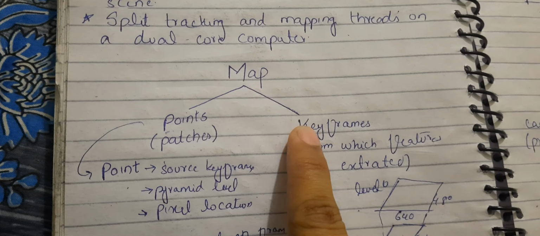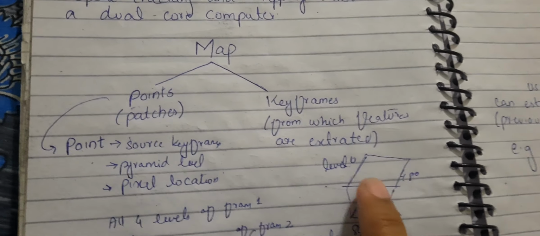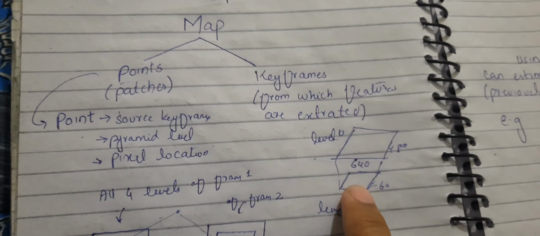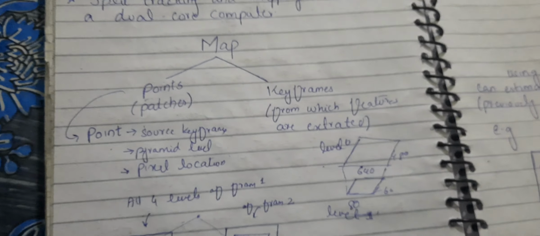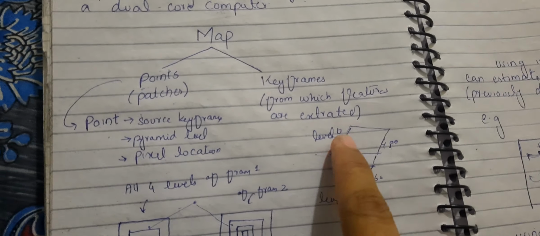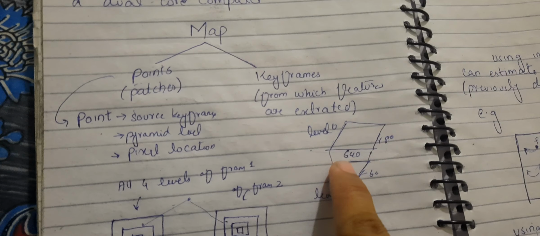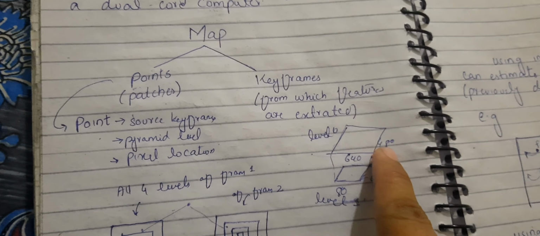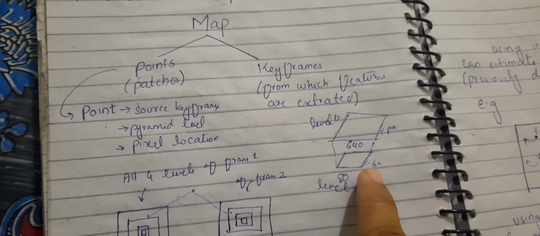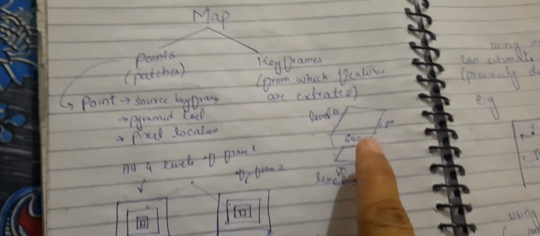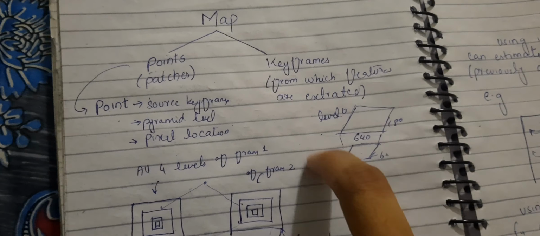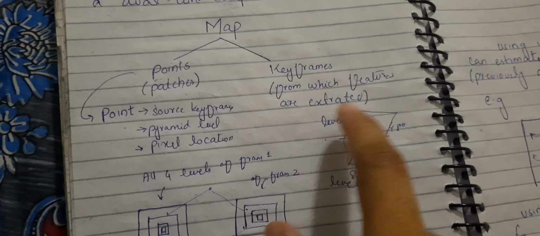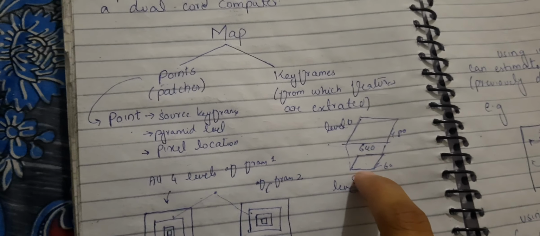Each keyframe is downsampled into 4 levels. You took a picture, and it downsampled it into 4 levels. The uppermost level is 640 by 480, and the lowermost level is 80 by 60. Between these two, obviously there will be two more downsampled levels. This is done to extract features at different levels on different scales.